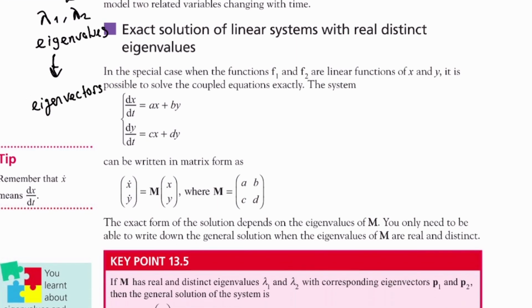But don't forget, if you have a differential equation like that, with derivatives, we can write it as ax by cx dy, and we can change this to matrix format. By the way, this x prime means the derivative of x, and this means the derivative of y, and we can write the coefficient matrix A, C, B, D. Then we multiply it by x, y.